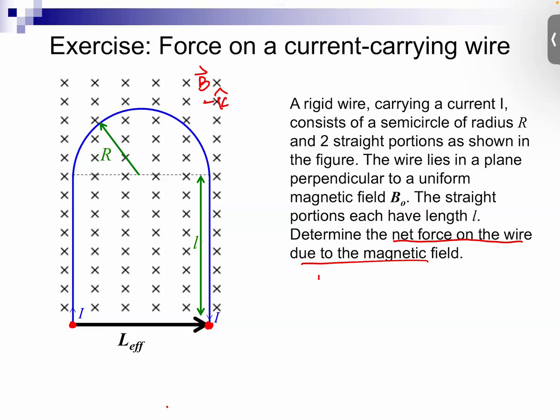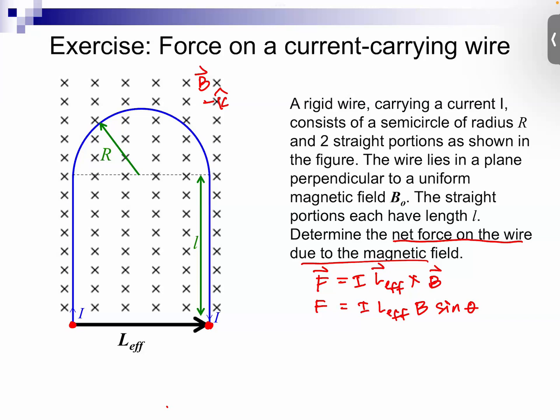And then you apply F equals I L effective crossed with the magnetic field. You can of course expand this into I L effective B sine theta for the magnitude of the magnetic force.